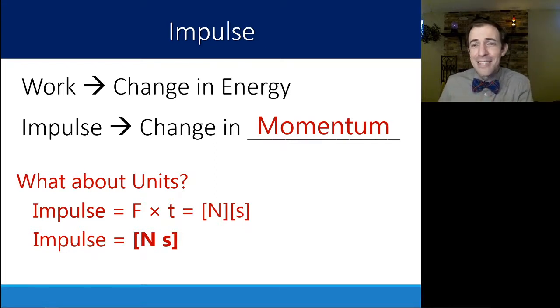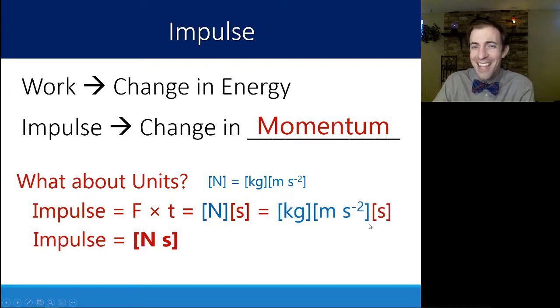Well, that actually isn't a full set of fundamental units, because newtons is a derived unit that can be simplified down to mass times acceleration, or kilograms times meters per second squared. So if I plug that in instead, I get a unit for impulse: kilograms times meters per second squared times seconds again.